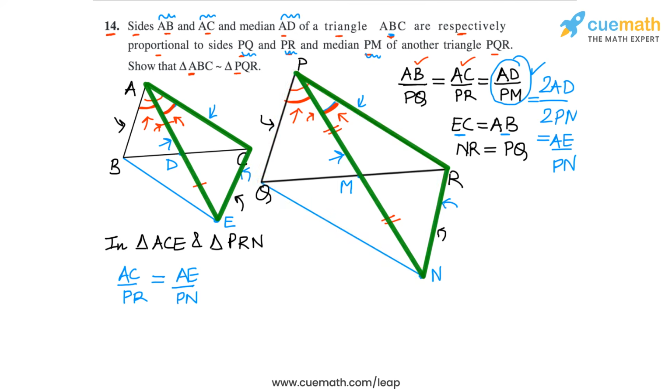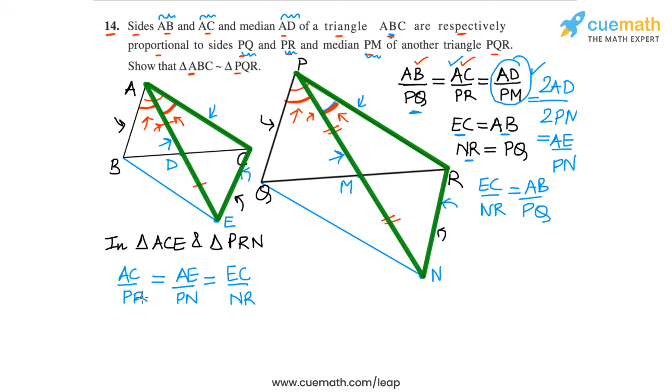And similarly PQNR is a parallelogram, so NR is equal to PQ. So EC by NR will be equal to AB by PQ, and originally we are given that AB by PQ is equal to AC by PR. So EC by NR we can say will also be equal to AC by PR.